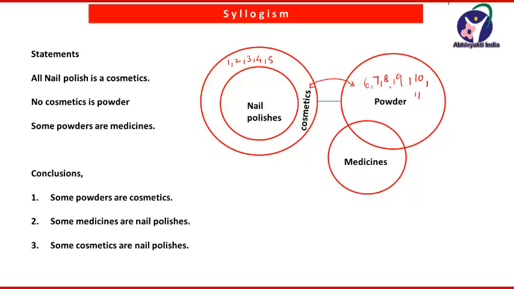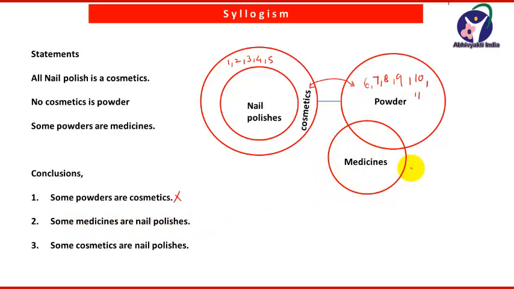But we do not know the elements. But we know that the elements of both of these two sets are different. So here powders and cosmetics are not correlated. So to say some powders are cosmetics is not correct. It is untrue.